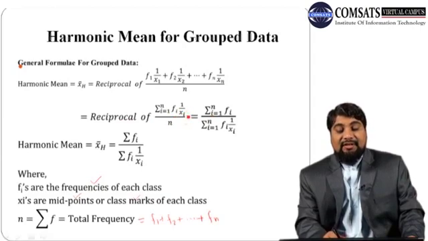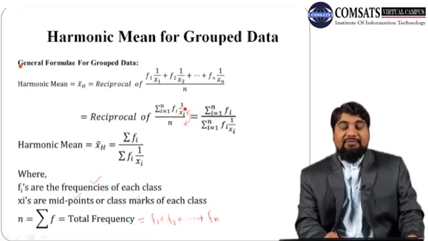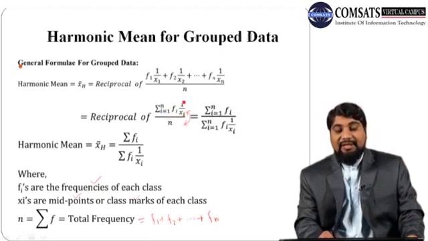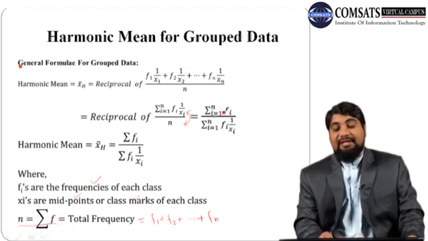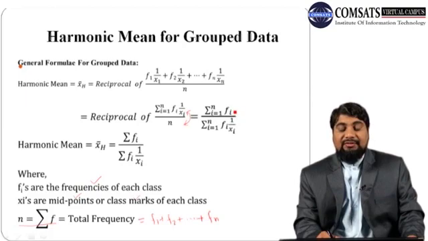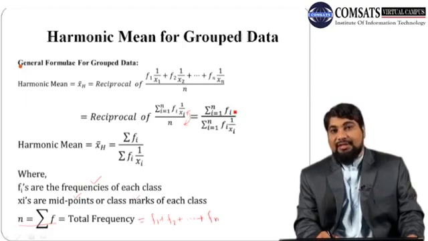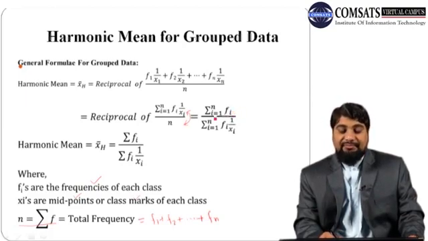So just shifting or taking the reciprocal, n will occur in the numerator, and in the denominator we will have summation fi times 1 over xi, where i ranges from 1 to n. I have just replaced this n by the total frequency. Why? Because n is summation fi, and this notation summation f is usually used for grouped data.